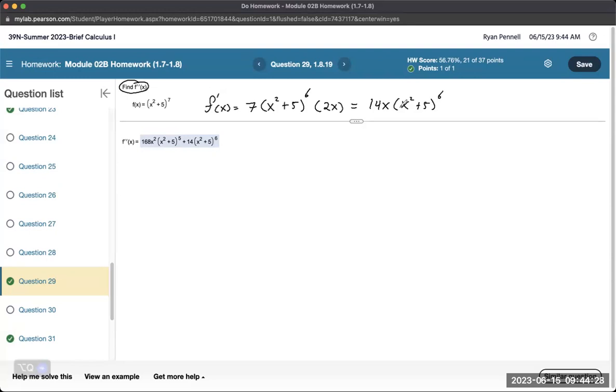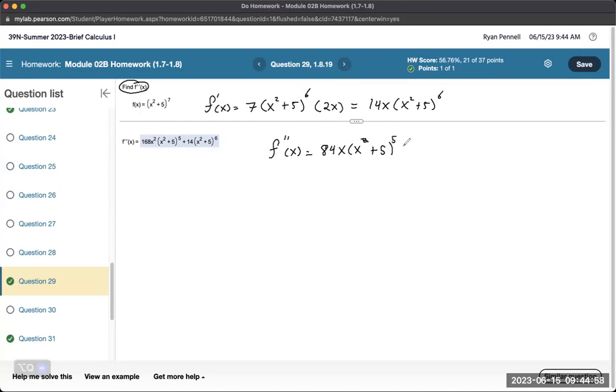Now, what do I need to do? I need to take this derivative. Fair enough. So f double prime of x: the 6 is going to come down, and so the 14 becomes 84, (x squared plus 5), 6 becomes 5.